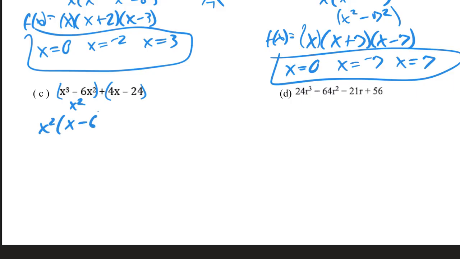X minus 6. And then there's a common factor with 4 and 24. There's a 4, so I can take a 4 out of that. And it's a positive 4, so I'm going to put a plus 4 right there. And if I take that out of there, what's left?